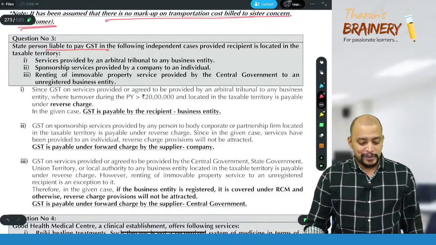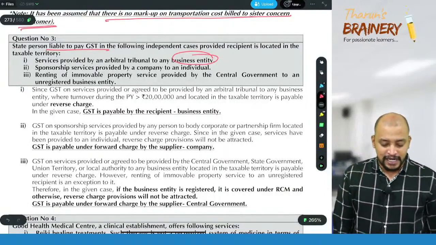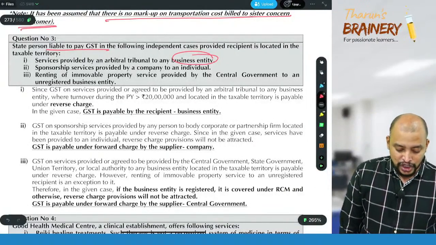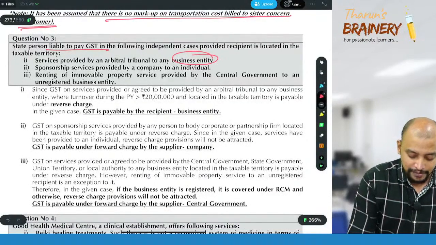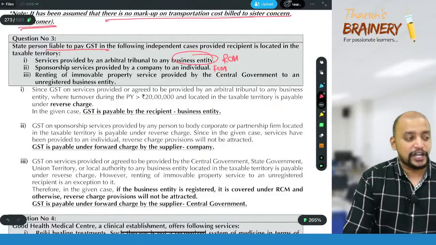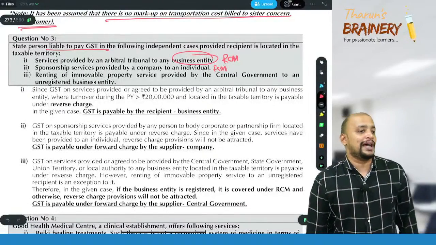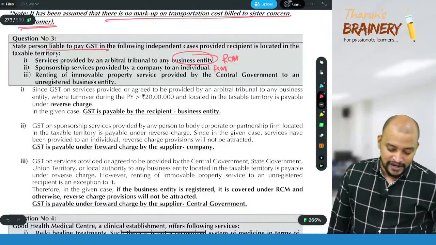So, who is liable to pay GST? Business entity. Sponsorship service provided by company to an individual. Recipient is individual, so FCM. If the recipient is body corporate or firm, then only it will be RCM for sponsorship service. As the recipient is individual, it will be FCM.